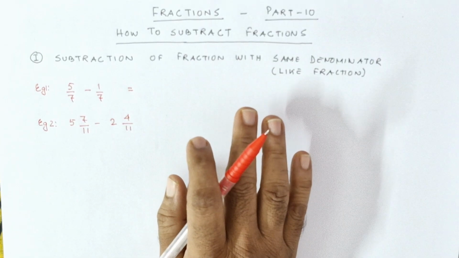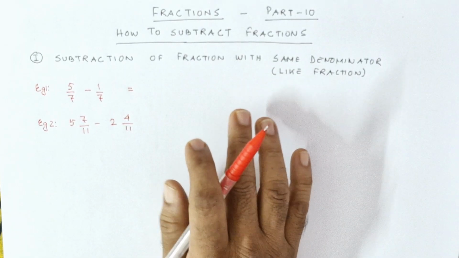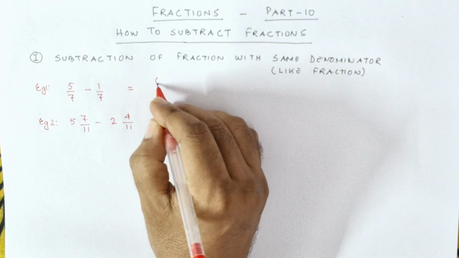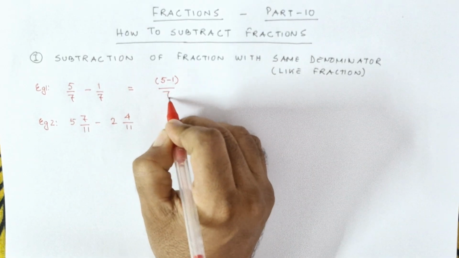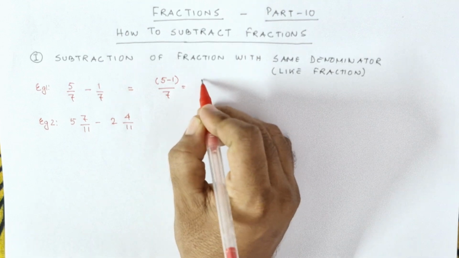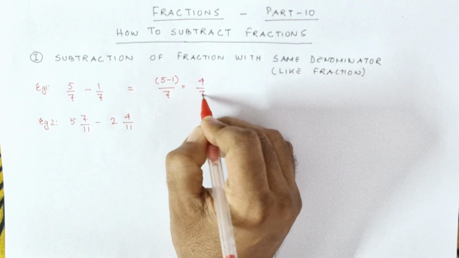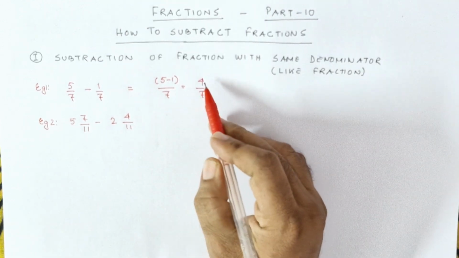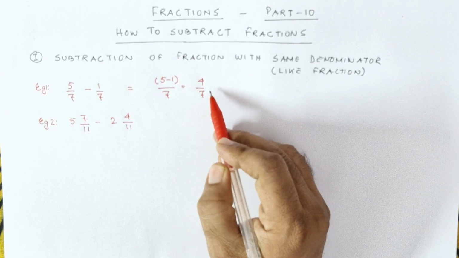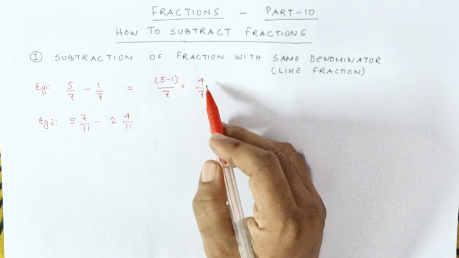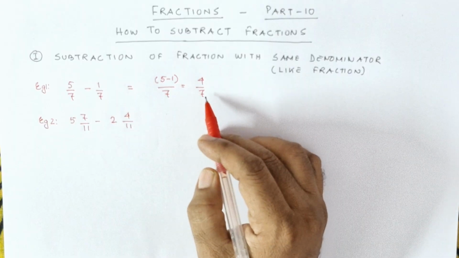Simplify if required at the end of the result. So let's see. We'll subtract the numerators keeping the denominator the same. So 5 minus 1 is 4 by 7. So this is the answer. There are no common factors between the numerator and denominator, so we'll keep this fraction as 4 by 7 only. There is no need to simplify this.